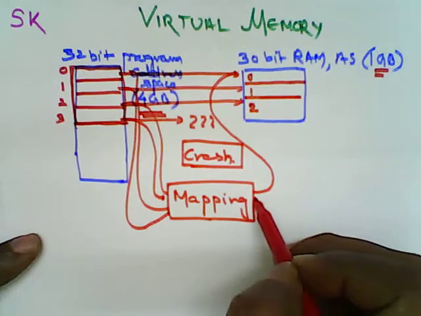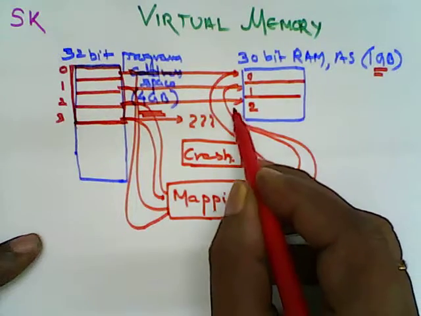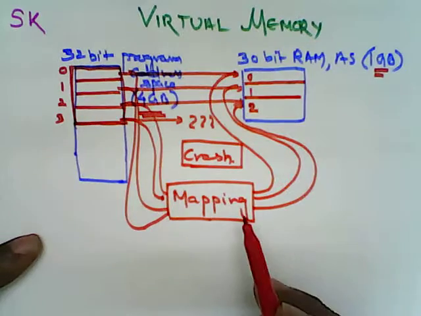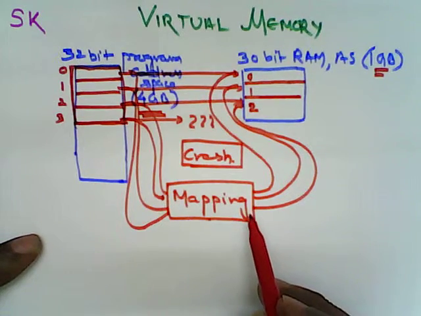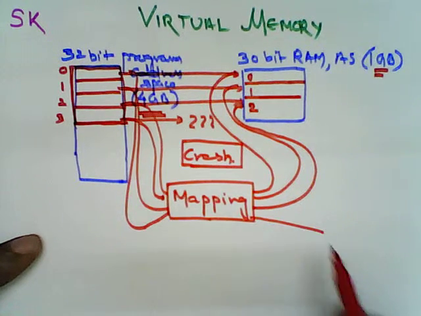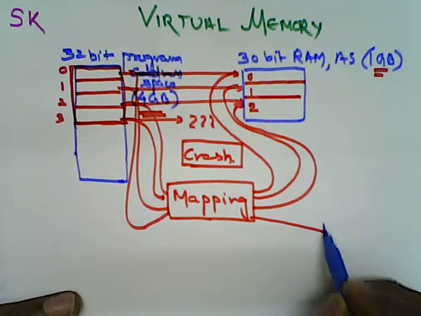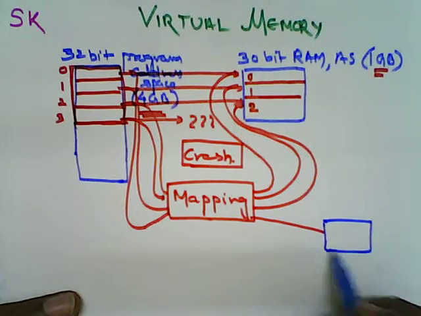0 has gone, 1 has gone, and 2 has gone. In the case of the third, if that situation comes, where will it go? It will go to the hard disk, the secondary memory.